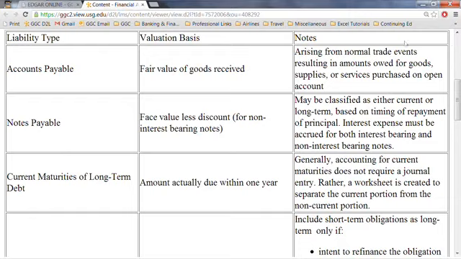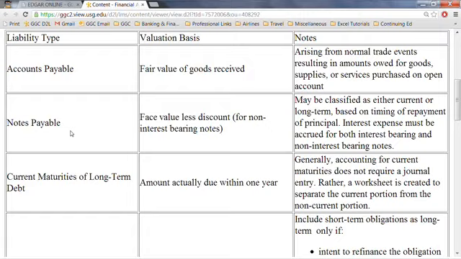Another type of common current liability are notes payable. And actually there are long-term notes payable as well as short-term notes payable. What we're talking about here are short-term notes payable. And notes payable are just simply a somewhat more formal way of recognizing an obligation as compared to accounts payable.